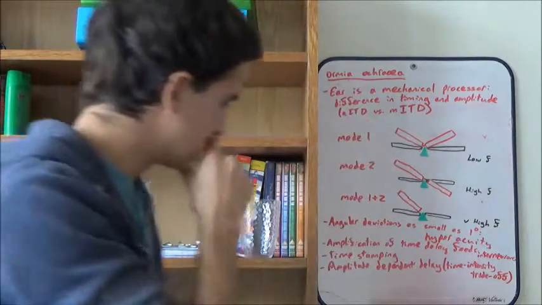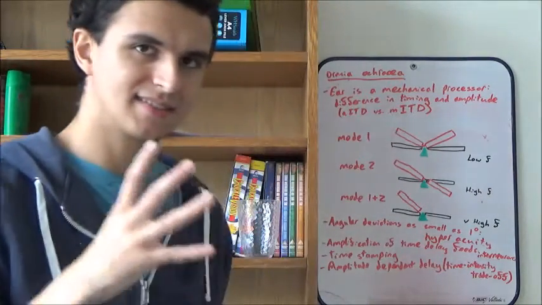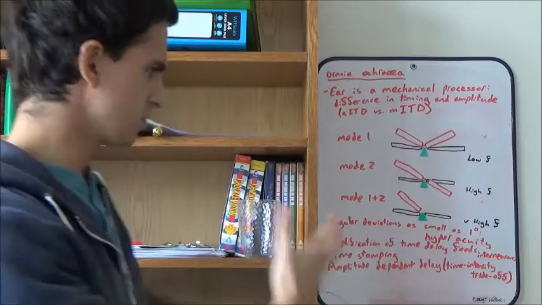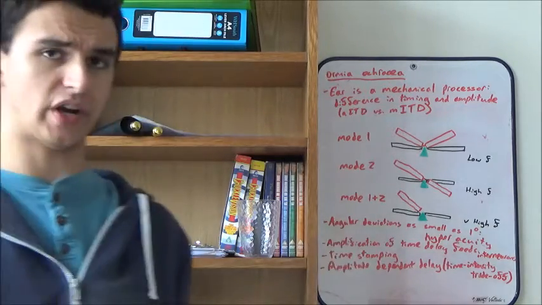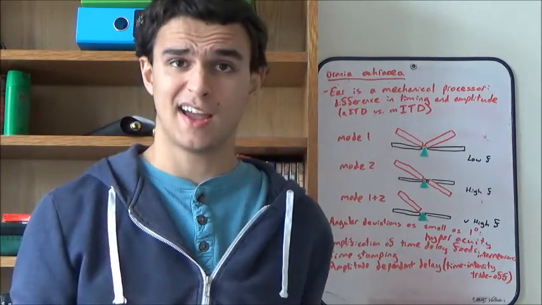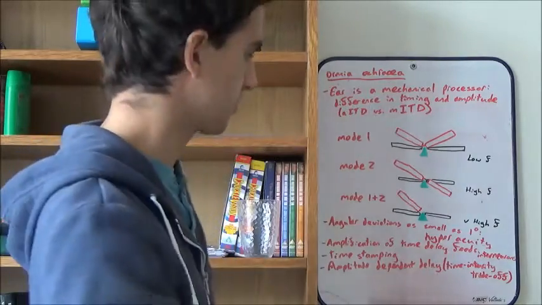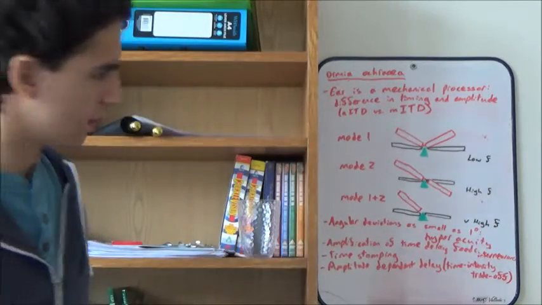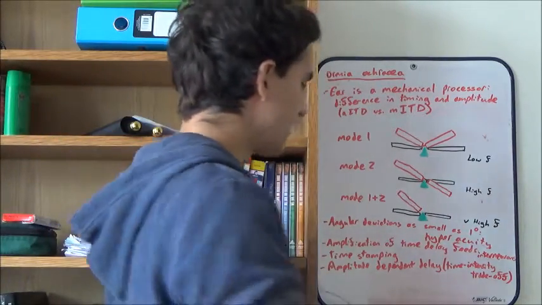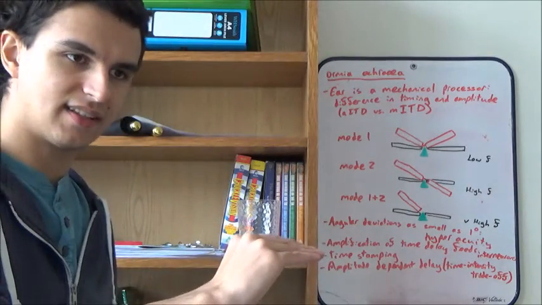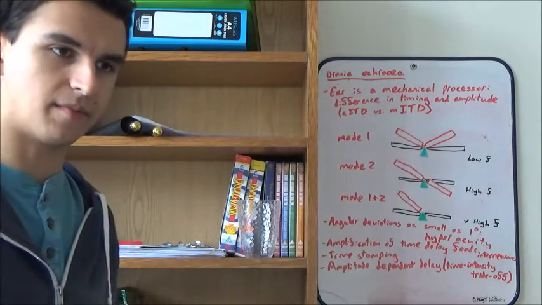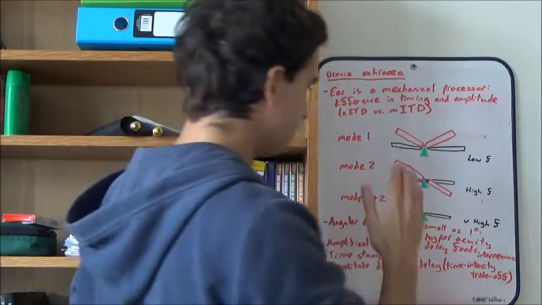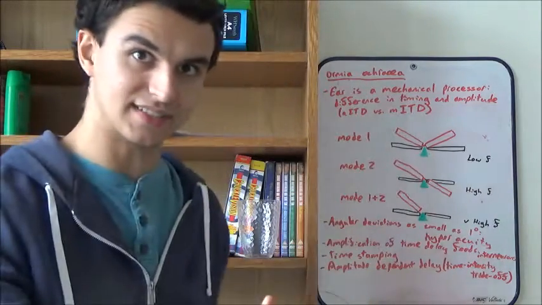Now, the next point is that there's an amplitude dependent delay. And this is all to do with the sort of time-intensity trade-off. We talked about how sensory ecology was full of trade-offs. Well, this is one of them. Okay? So, as you increase the intensity of the stimulus, then the time delay decreases.